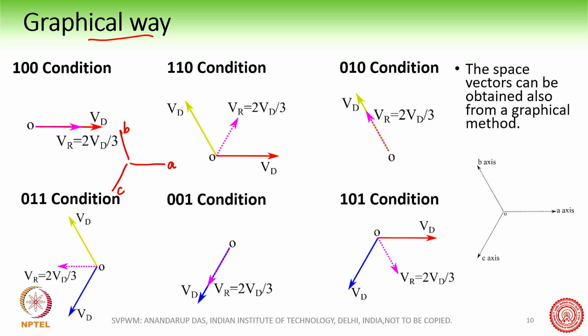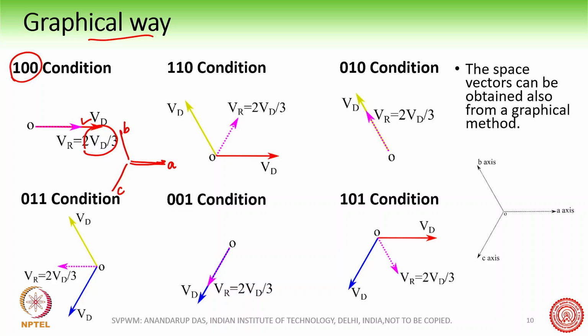Suppose you have this 1 0 0 combination. On the A axis you have this VR coming, and the B and C axes do not produce any voltages because their magnitude is 0. Therefore the resultant magnitude is 2/3 VD, which is on the A axis.